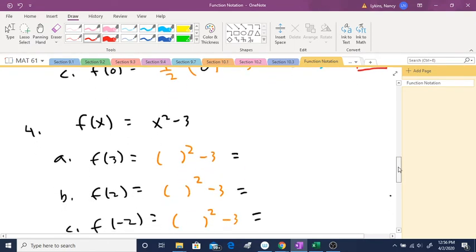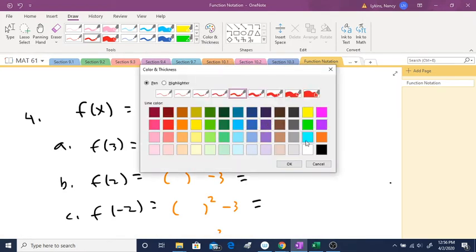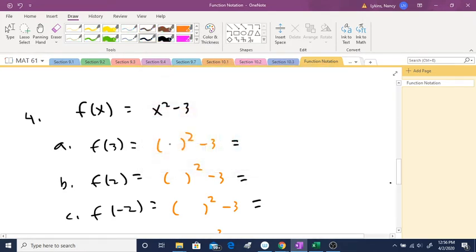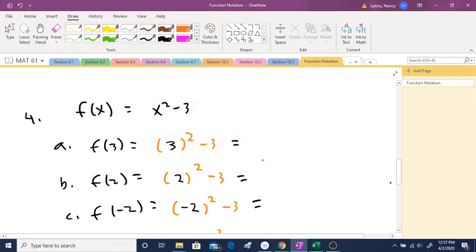What about when we have an exponent in here? Well, we still do the same process. We're going to put my input of 3, 2, and -2. Now, one common mistake that I do see in these will be 3 times 2 is 6. No, remember it's squared. It's 3 times itself twice.